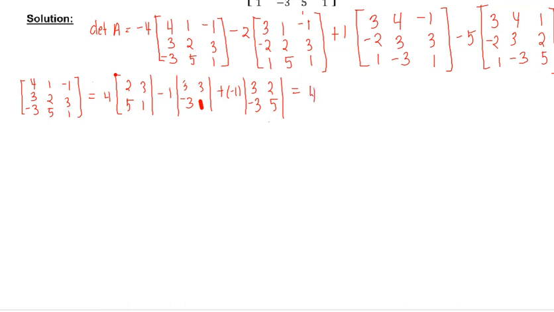So we have 4 times, that is 2 times 1 minus 5 times 3. So 2 minus 15, that is equal to negative 13. We have minus 1 times 3 times 1, that is 4, minus negative 3 times 3, that is negative 9. So 3 minus negative 9 is equal to 12.